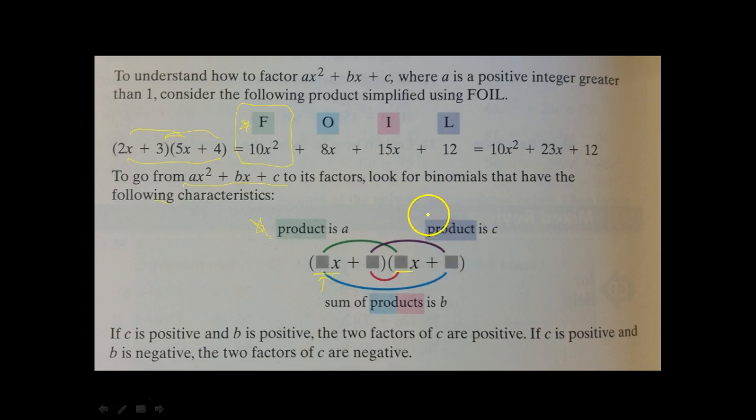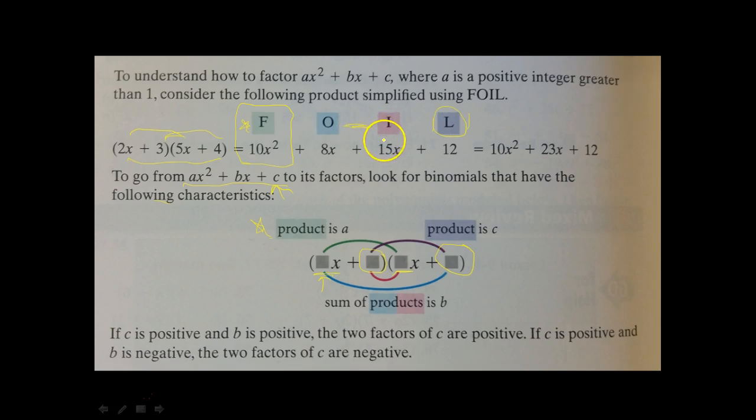Now, the product, I'm going to skip and go all the way to L here. L is going to be the product, which is going to be your C term, right here, the last one, and it's going to be when you multiply your last two terms together. Now, this is where it gets a little tricky, is you got to start adding.